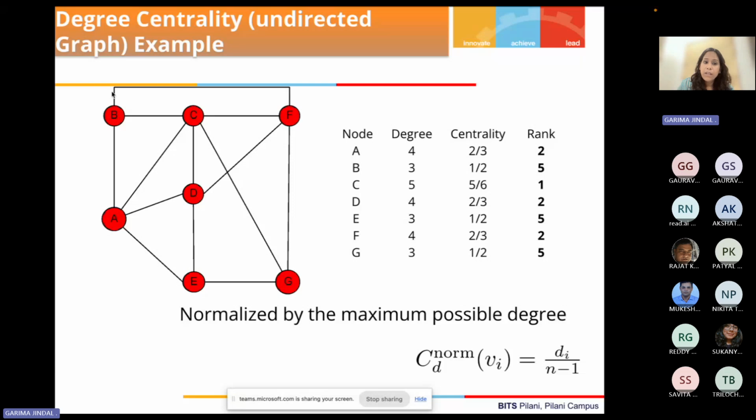The number of edges incoming to a particular node is the in degree, and the number of edges going out is the out degree.